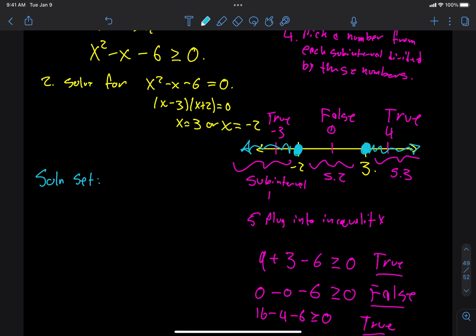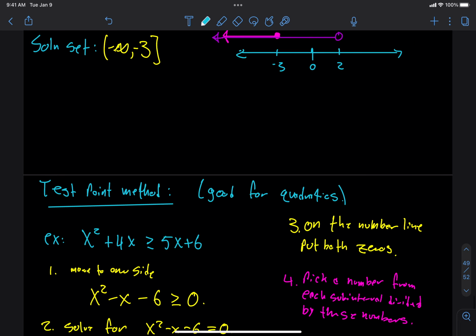What is the solution set here? -infinity up to -2 and including -2. And then 3 up to infinity, right? And what goes in between? A comma, or we want to use our set notation here.